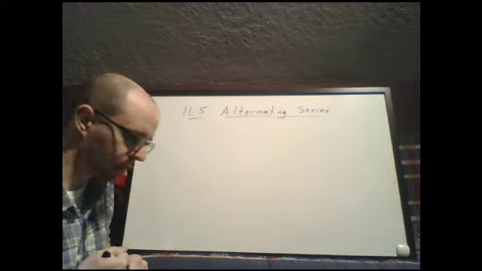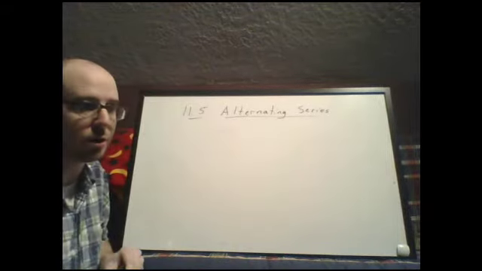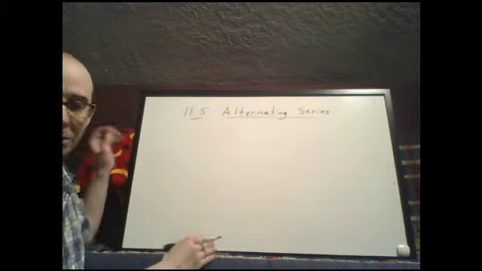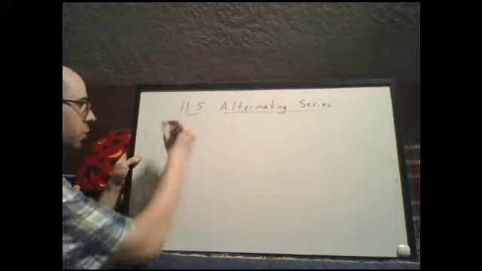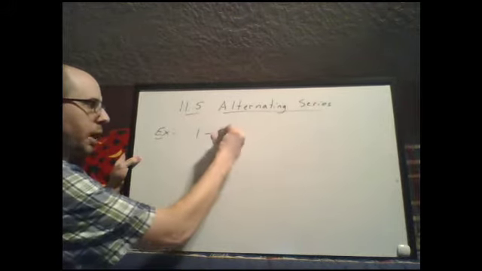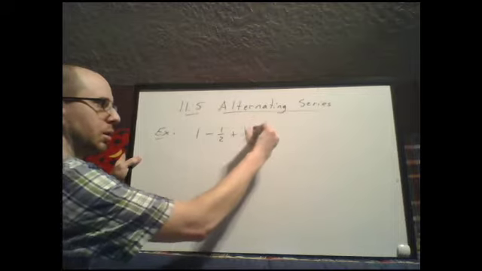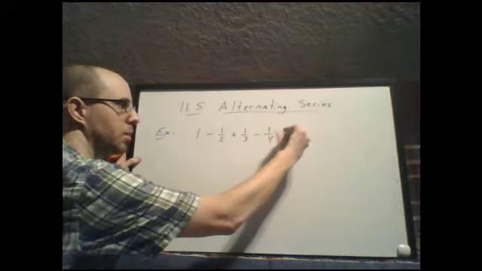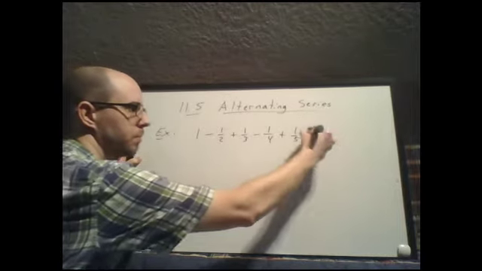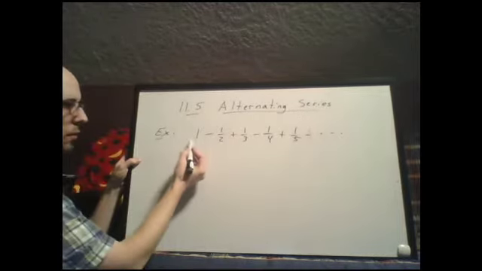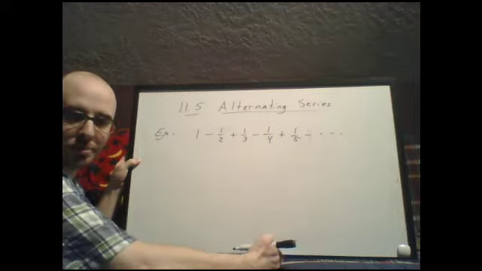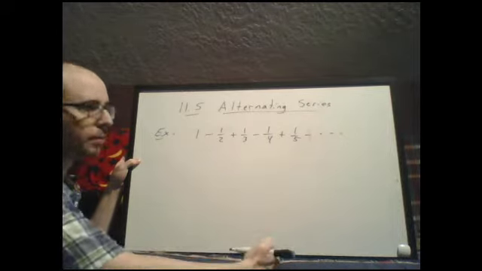All right, so alternating series are a little bit different. Those are series where the terms alternate positive and negative. So for example, if we had 1 minus 1/2 plus 1/3 minus 1/4 plus 1/5 minus 1/6 and so on, if the signs are alternating, every other sign is positive and every other sign is negative.